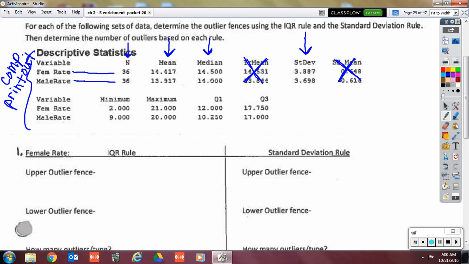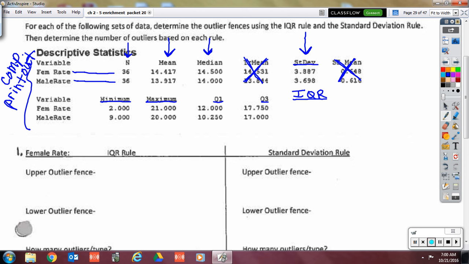So we're going to use the minimum value of the data set and the maximum value of the data set shortly. And then, of course, you have your Q1 and your Q3. So if we do the IQR rule, as you can see, IQR is not listed here. However, you have the tools to figure out the IQR.